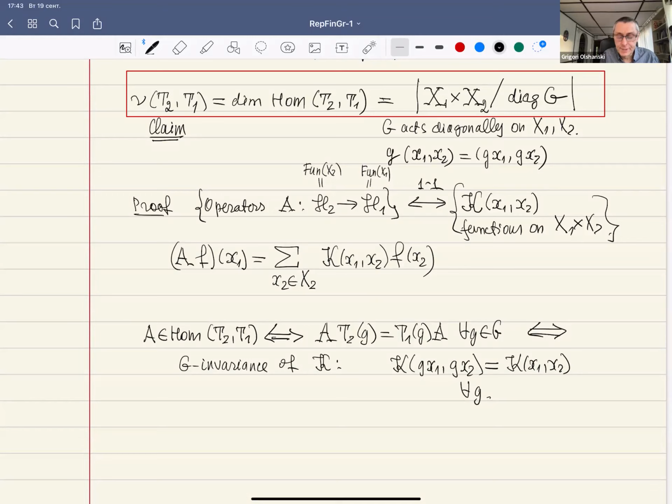So this is a little exercise to prove this. And now we see that the dimension of the space of G-invariant kernels is just equal to the cardinality of the set of orbits. Okay? So if we have representations which are realized as permutation representations, we can immediately see how to compute the intertwining number. Just look at the orbits of a diagonal action.